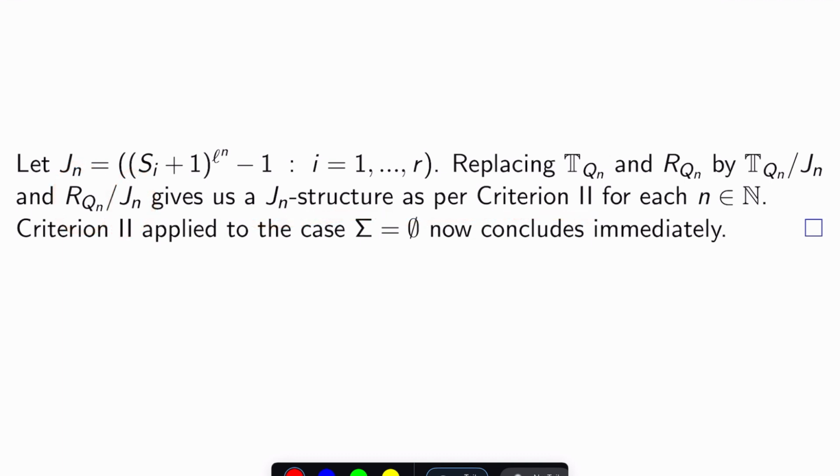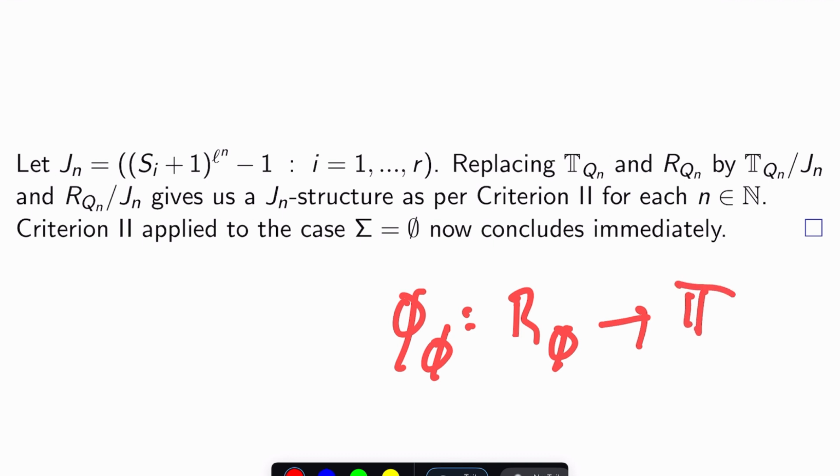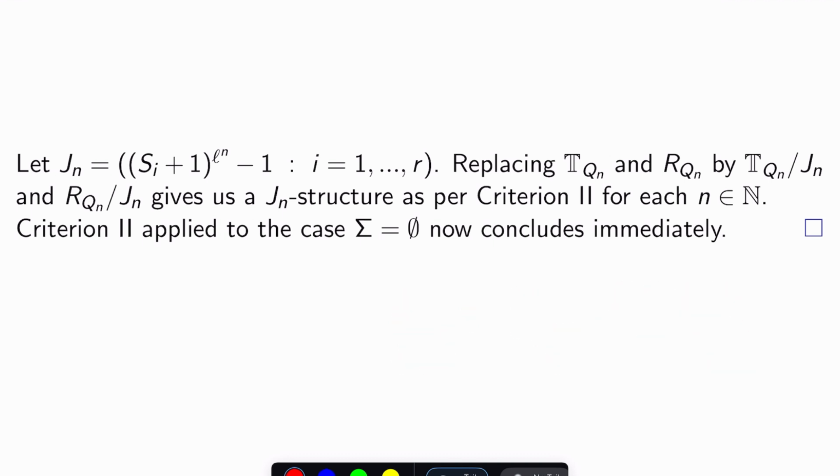It gives us those commutative diagrams that we were after. We call those J_n structures back in chapter 10. Criterion 2 just applies then to the case sigma equals empty set and guarantees us that phi_empty set from R_empty set to T_empty set is an isomorphism of complete intersection rings, and that does it.